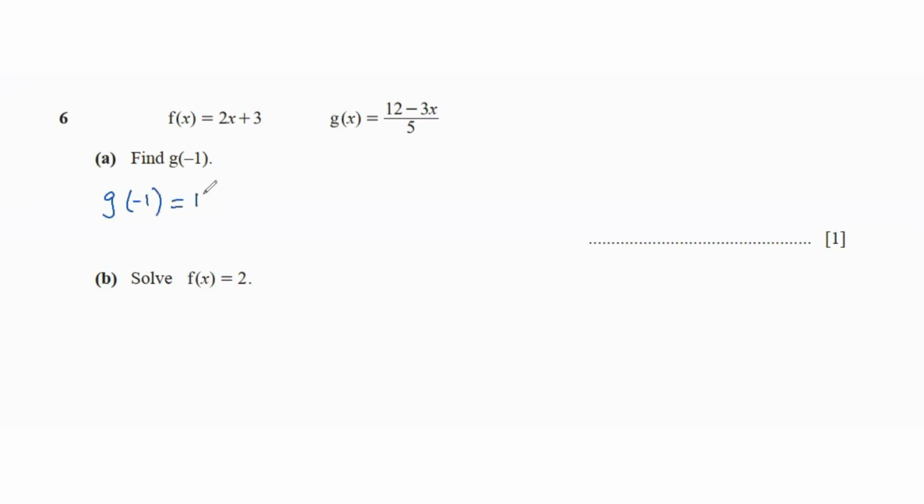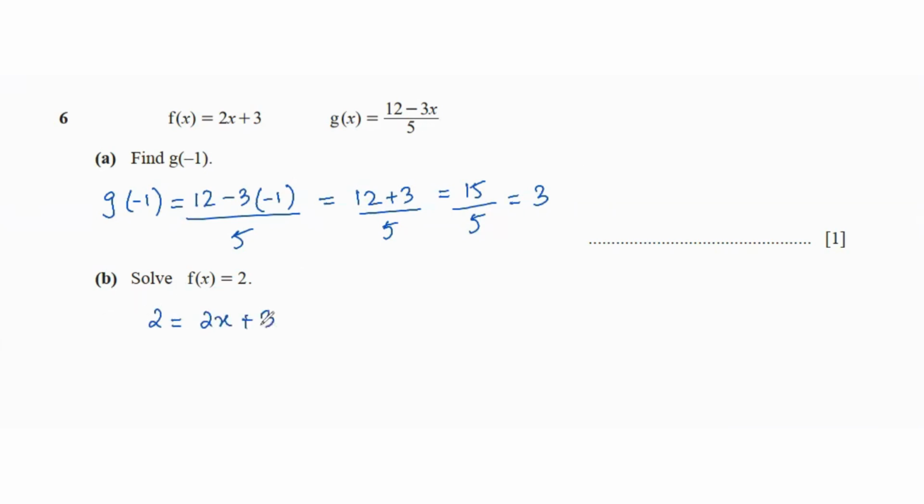And what we have is 12 minus 3 times -1 over 5, which is 12 plus 3 over 5, 15 over 5, and that is 3. Then it says solve f of x equals to 2. So 2 equals to 2x plus 3. 2 minus 3 equals to 2x, and -1 over 2 is your x.